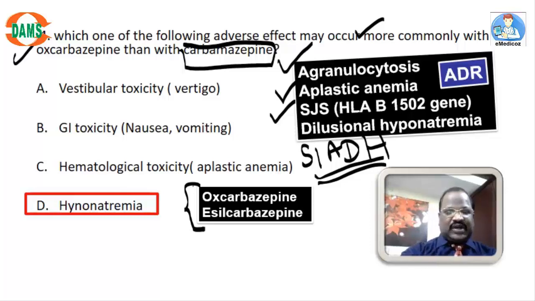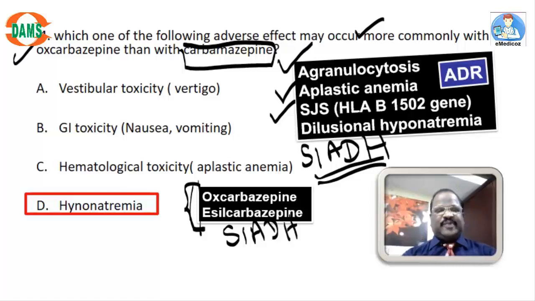But these two drugs cause more SIADH action. Because of the more SIADH action compared to carbamazepine, oxcarbazepine has more chance of hyponatremia. So remember, oxcarbazepine compared to carbamazepine has a high risk of causing hyponatremia. That finishes question number 4.